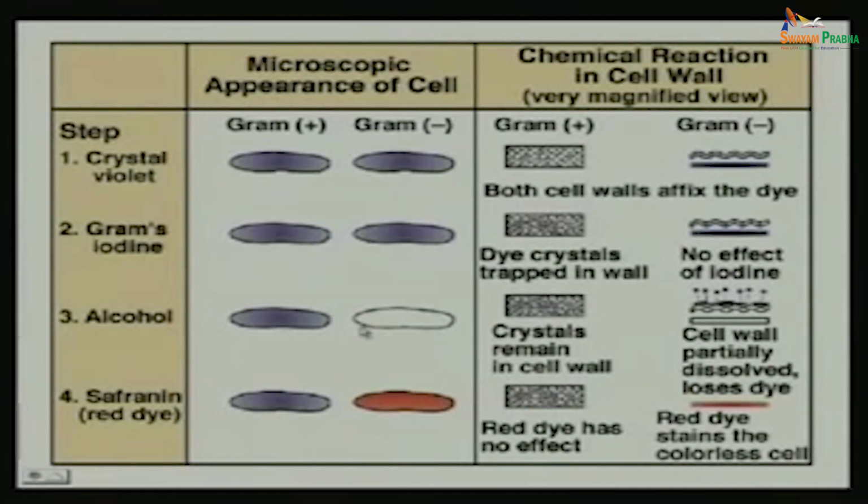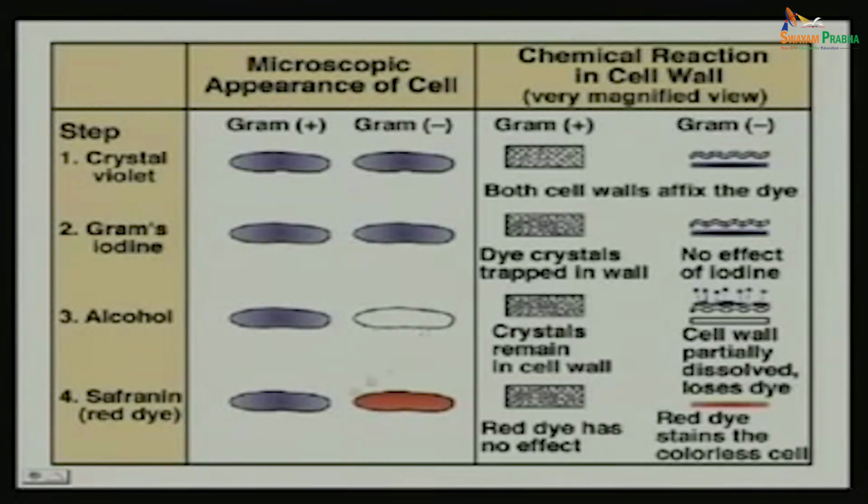In one case, the bacteria can retain the crystal violet gram iodine complex within its outer wall. In another, where the peptidoglycan chain is very thin, the cell cannot retain the gram iodine and crystal violet complex, and it comes out of the cell.